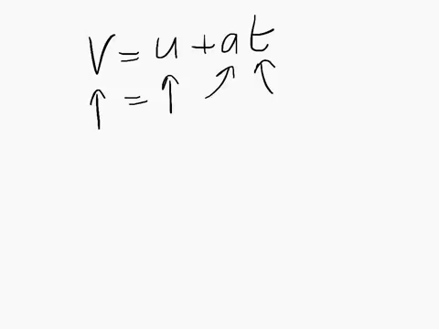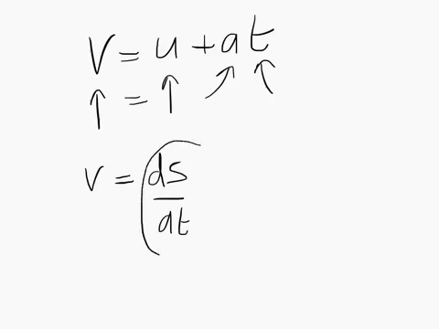Now let's rewrite v in another way, and v is just ds by dt, which is the rate of change of displacement. So this term here is the rate of change of displacement, which equals velocity.